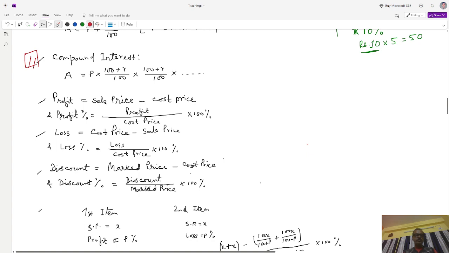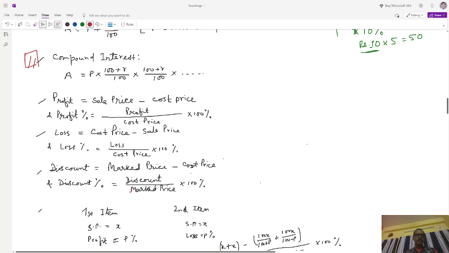Because discount is given upon the marked price, the ratio is discount divided by marked price, and if we want to convert this ratio into percentage, then we have to multiply it by 100 and we get the percentage.